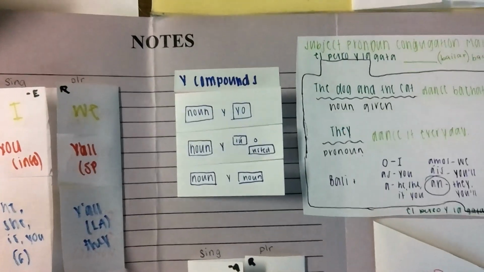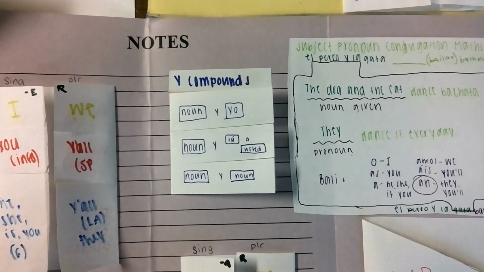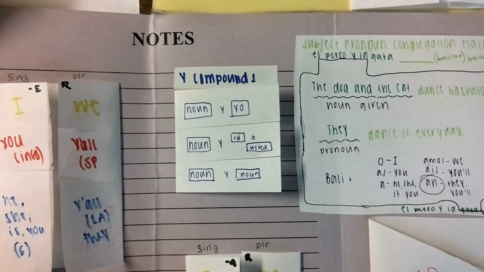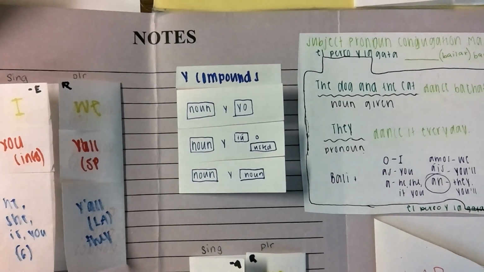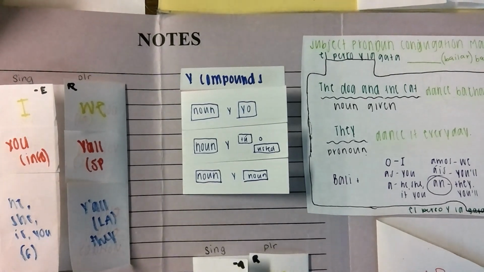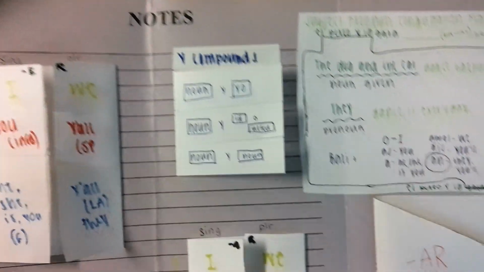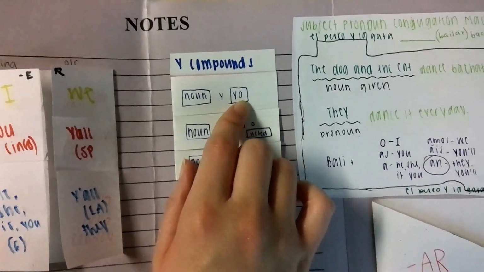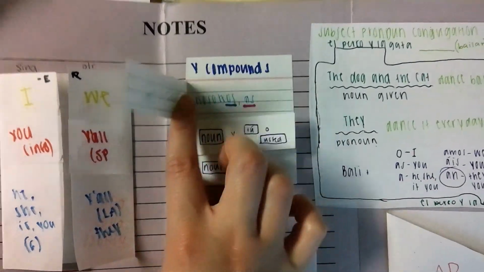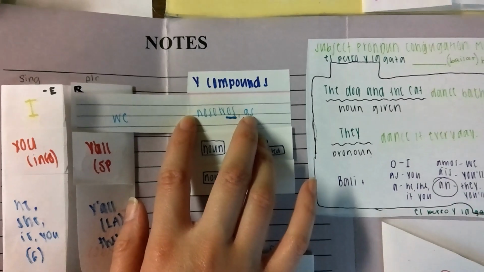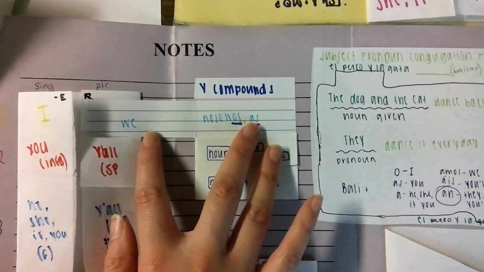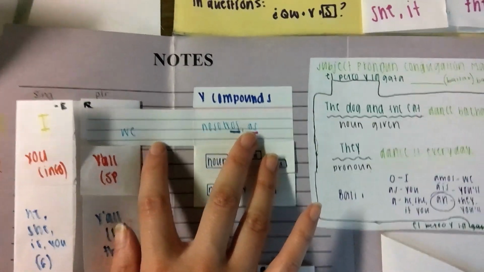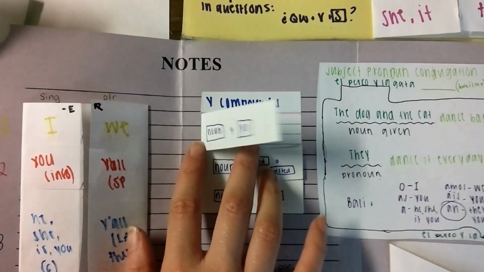So that would be like Jerry and I, or the children and I, los niños y yo, Jerry y yo. And because it's I, I know it's first person plus a noun, that makes it plural. So that means I'm going to use nosotros, or us, which is we, and I'll use the nosotros ending, which is amos, emos, or imos.